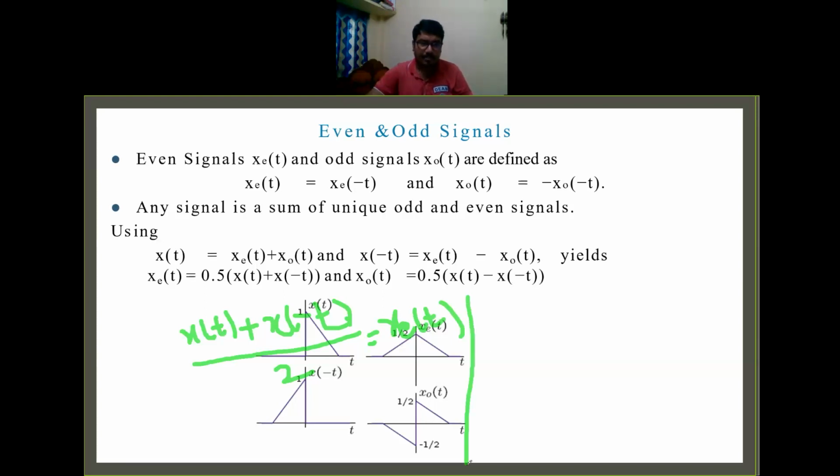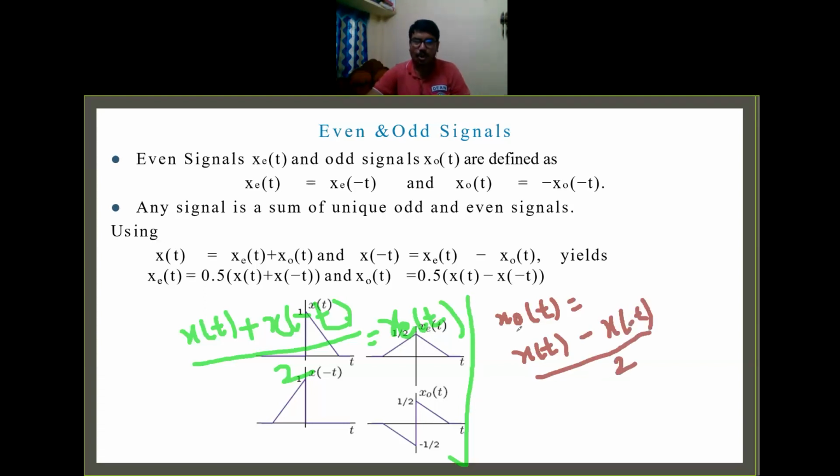And the second part: how to get xo of t, the odd part, in any signal. That is nothing but the same expression with a slight change: x of t minus x of minus t, whole by 2.